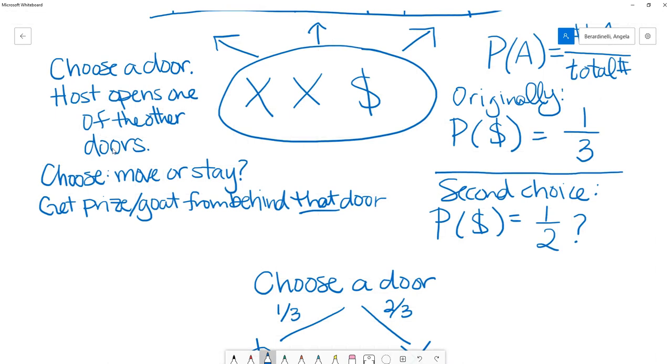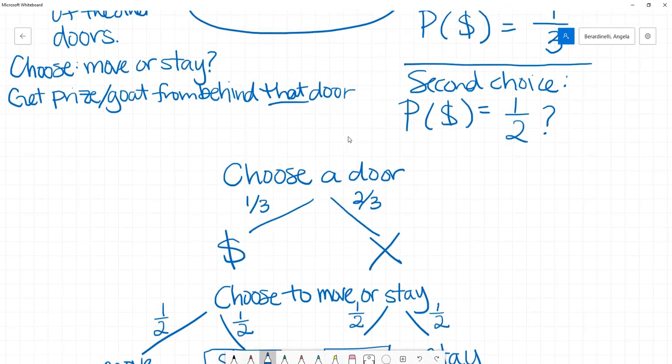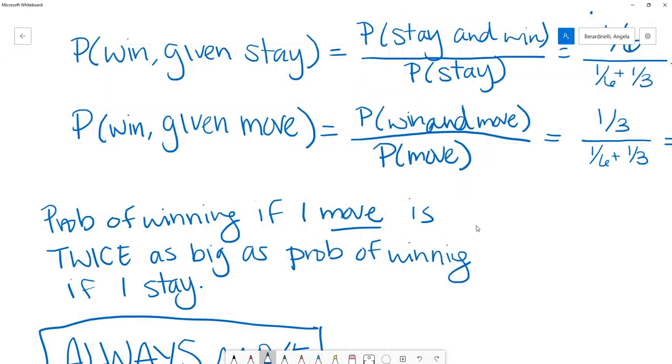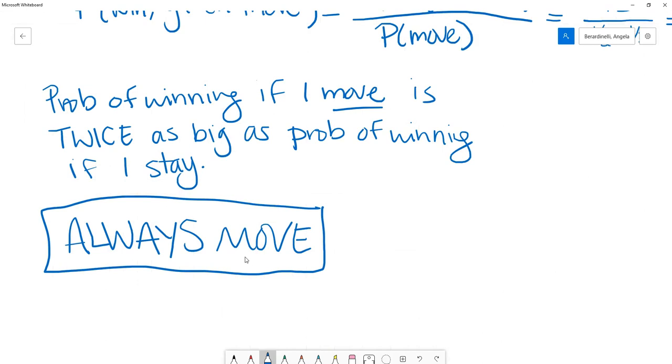When the host opens one of the other doors, you're getting information about where the money is. And so that really slants your probability of winning, and you should always move. You get a twice as high of a chance of winning if you move than if you stay. And this is precisely what Amy was trying to explain throughout the episode.